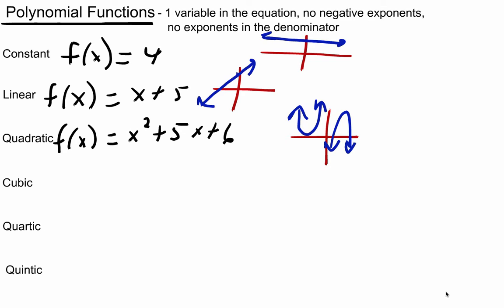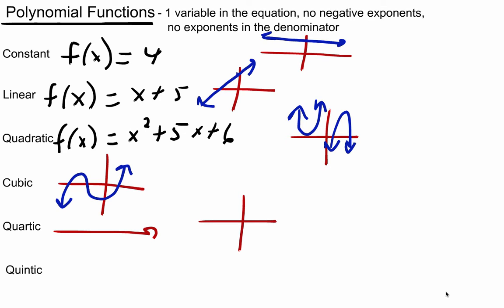It still has an exponent of 3, that's the highest exponent, that's the degree of the polynomial. And that graph would look kind of like this. One of the arrows is going to go up and one's going to go down. On the quadratic, both arrows go up or both arrows go down. And for the quartic, I'll do that one over here. That's going to look something like this.